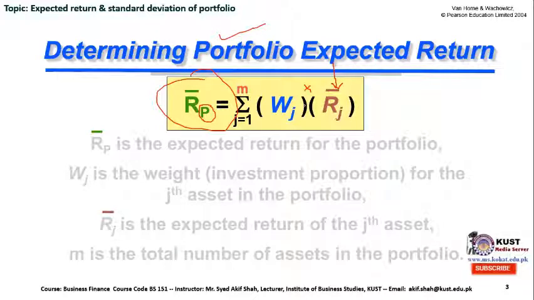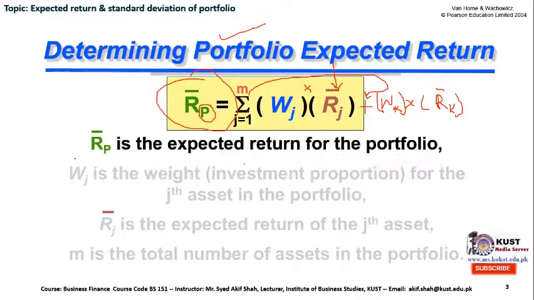So the complete formula will look like this: you need to add for the next security, the weight of the next security, maybe K, multiplied by the expected return of the kth company. So this summation is actually referring to this plus sign, that you are required to sum up all the weighted expected returns of the related securities.